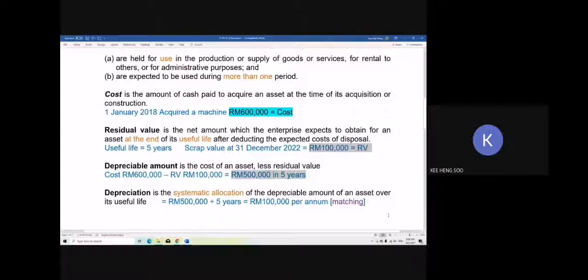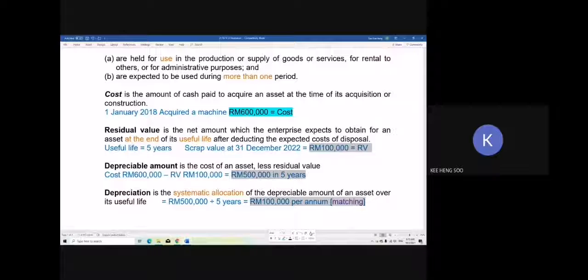That means you agak-agak: in 5 years' time I can sell for 100,000. So based on this assumption, my total depreciable amount will be 500,000, and divided by 5 years, according to management concept, depreciation is 100,000 per year.